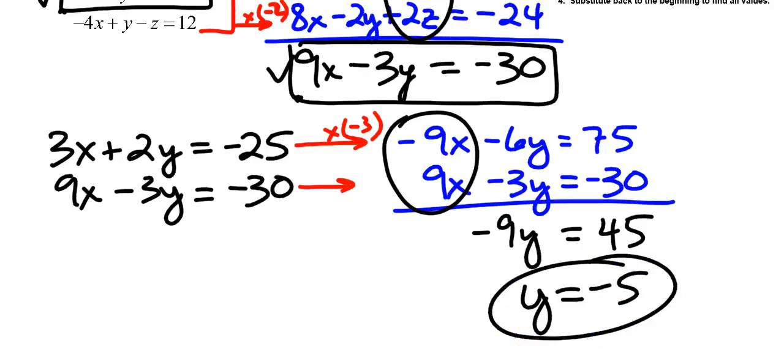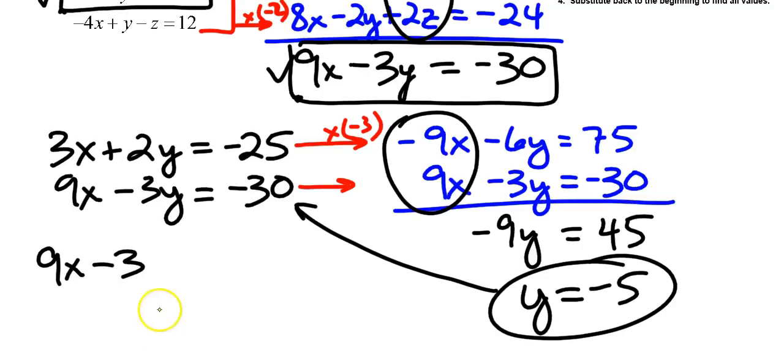Well, if y is equal to negative 5, we're simply going to plug that into this equation here. That would give me 9 times x minus 3 times negative 5 is equal to negative 30.